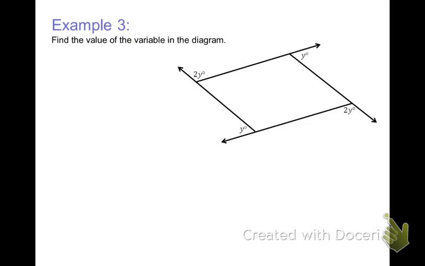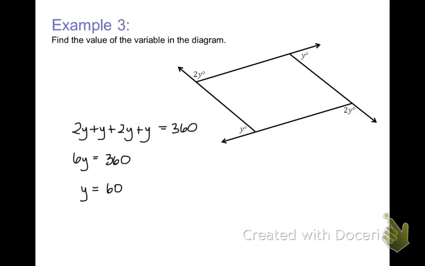So if I want to find the value of y, what is going to be my equation setup? 2y plus 2y plus y, right? So I added up all 4 of the exterior angles, and I know that those should total 360 degrees. If I add up all of those y's, you'll count 6 of them, 6y equals 360. And if you divide 360 by 6, you get that y is 60.